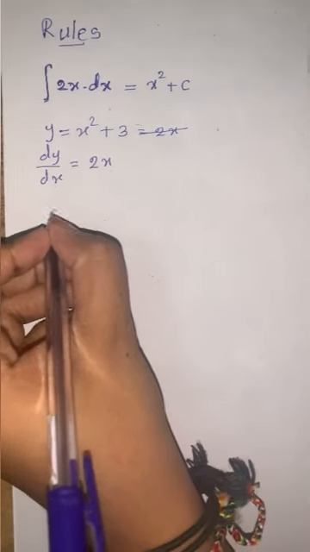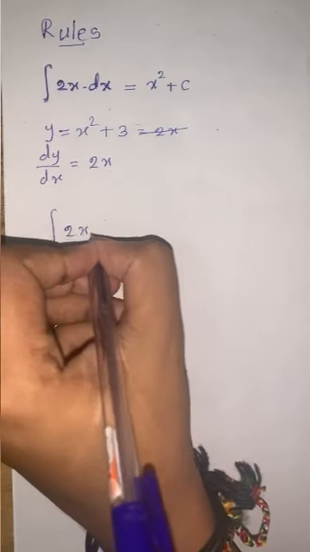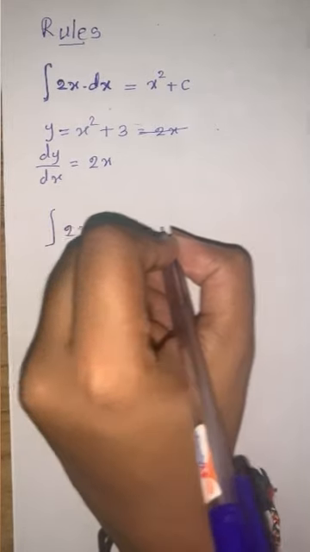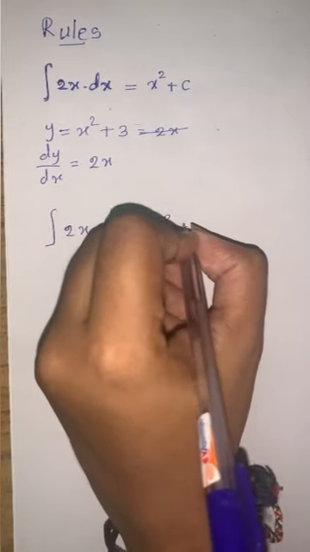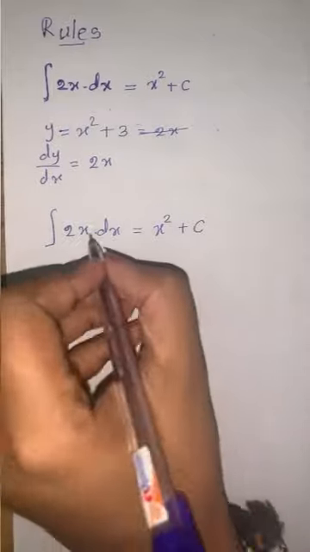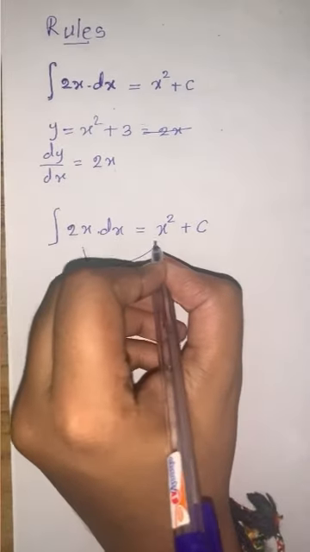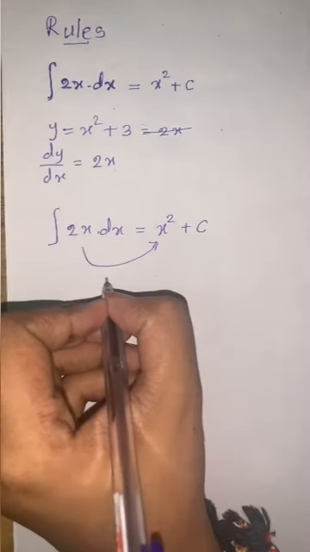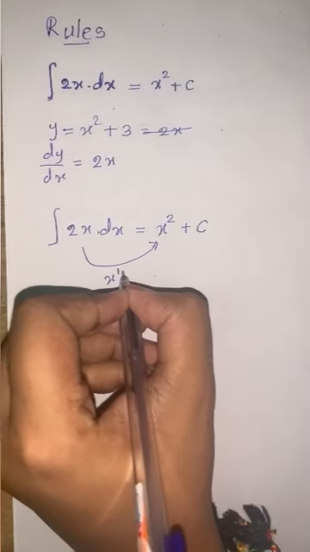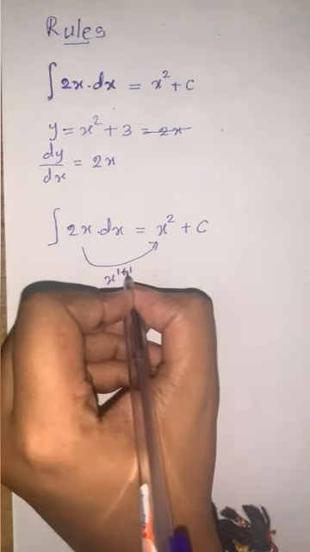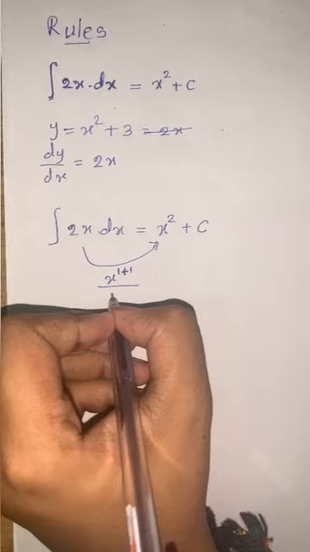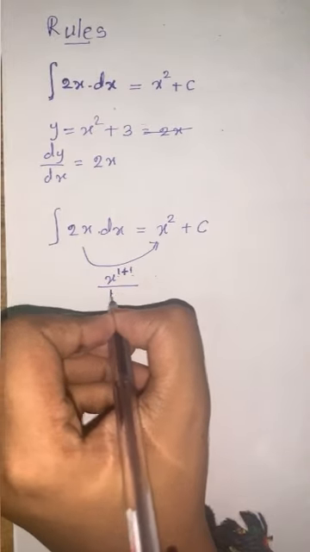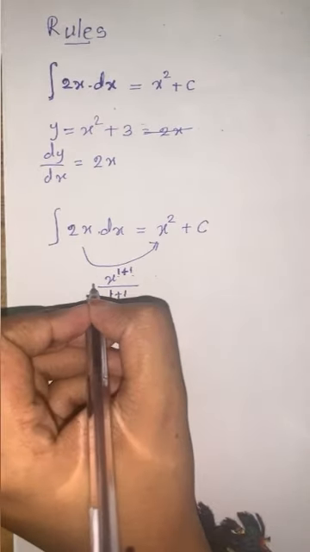If we integrate 2x with respect to dx, we get x squared plus c. So here what are we doing? We are adding 1 to the power and dividing by the new power.